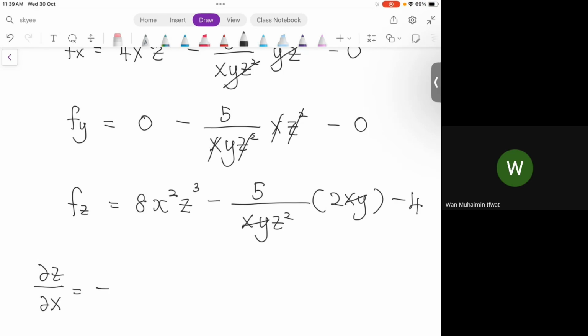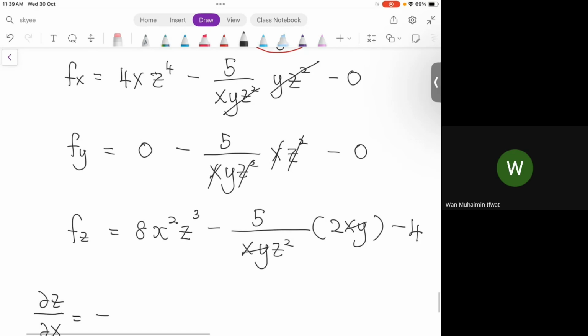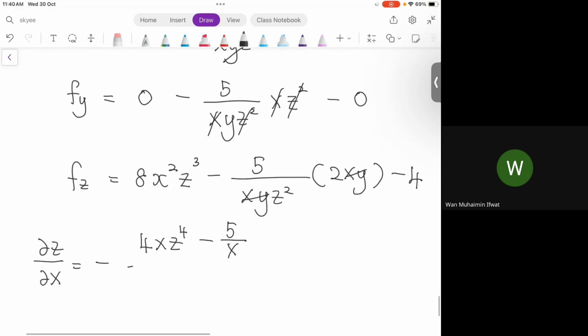Negative fx. So fx is 4x z power 4 minus 5 over x. You can just leave it like this, no problem. And for fz equals x squared z power 3 minus 10 over z minus 4.